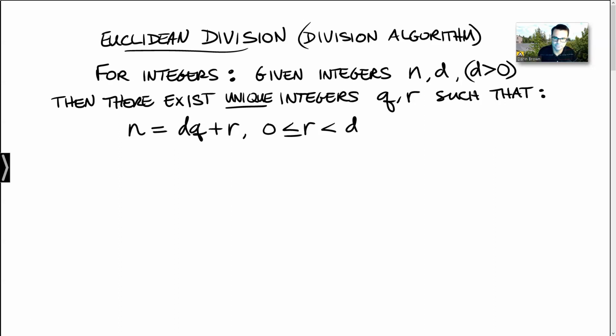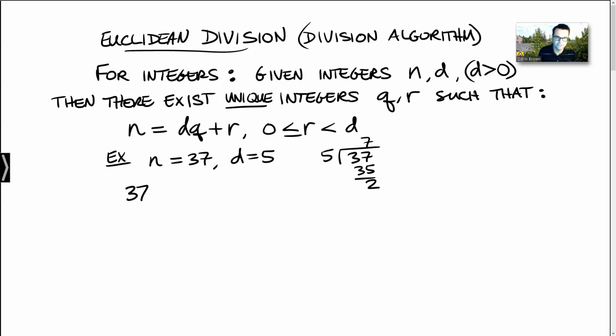Okay, example. Let's say 37 and 5. So if I take n equal to 37, d equal to 5, all this is saying is if I divide 5 into 37, I get a quotient of 7 and a remainder of 2. So 37 is equal to 5 times 7 plus 2.